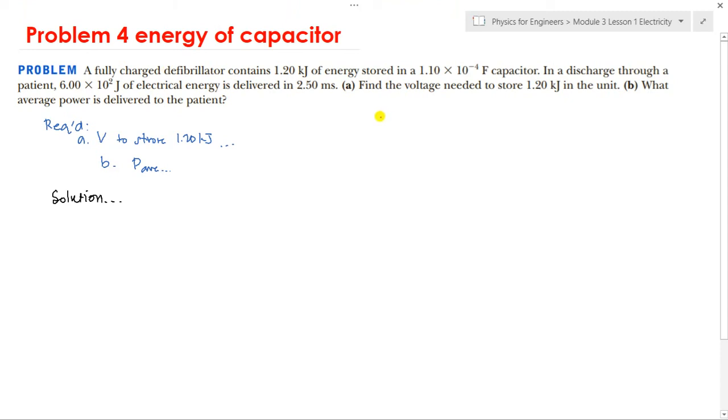Actually, in the figure in your class, the defibrillator is connected to a capacitor. So the capacitor stores energy. It already has energy, that is 1.20 kilojoules.